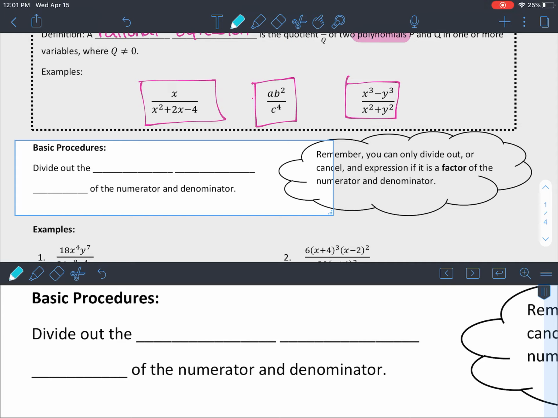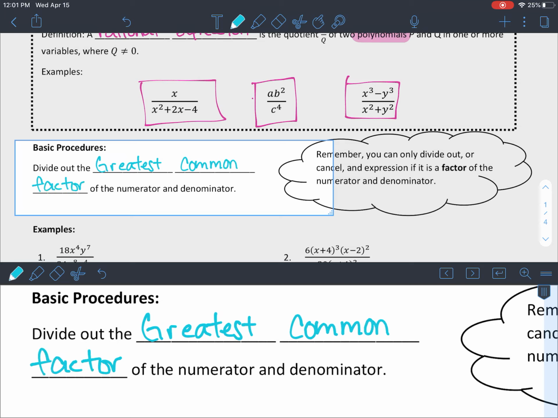So when we are simplifying these rational expressions, the big thing that we're going to do every time is to divide out the greatest common factor of the numerator and the denominator.